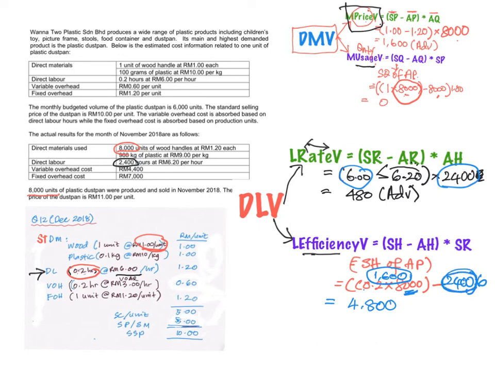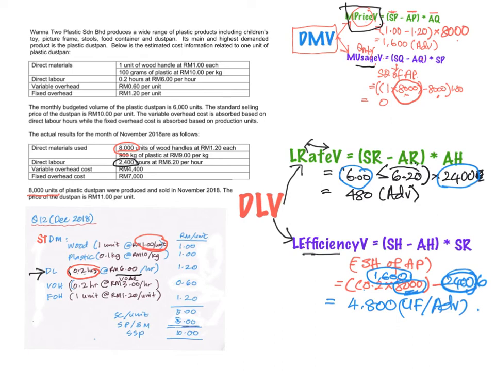So this is way too high. You are taking way too long to produce the same amount of units. So over here we say that 4,800 is actually unfavorable or adverse.